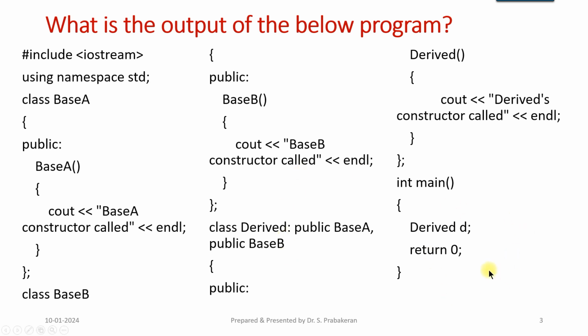And coming to main, we have created an object D of the Derived class. The moment we create D, we will witness the sequence of constructor calls.